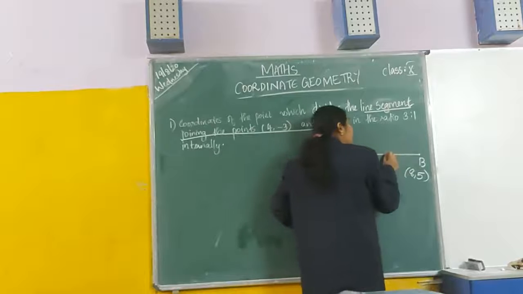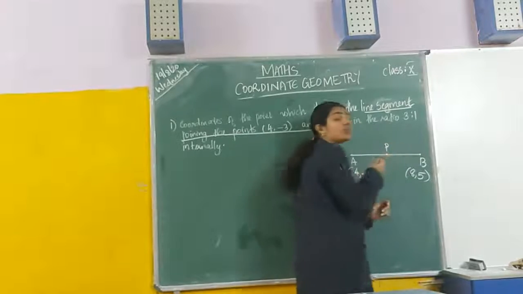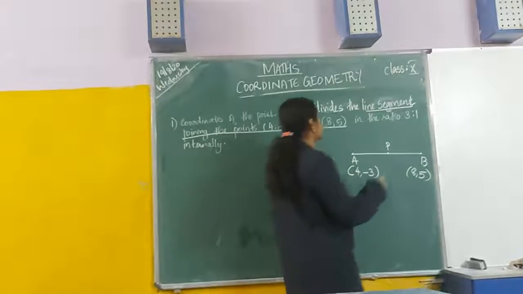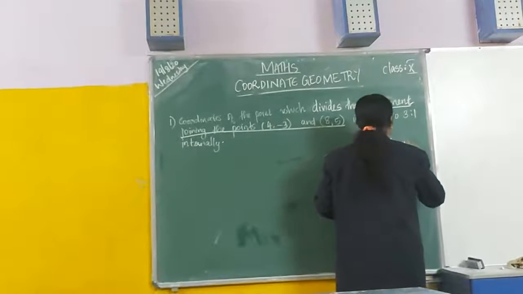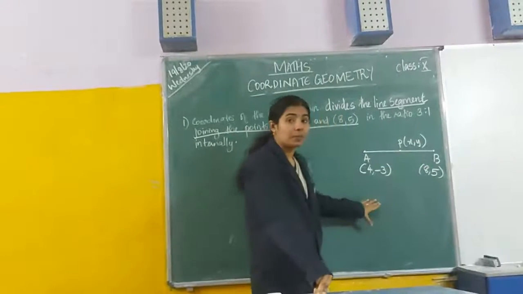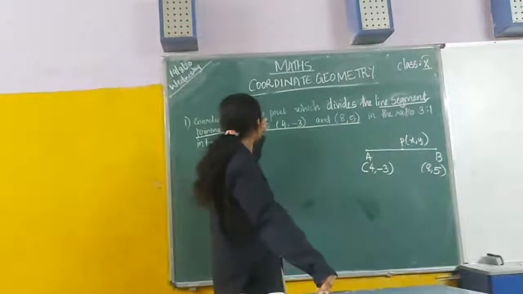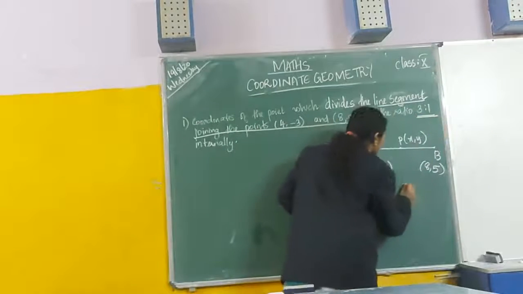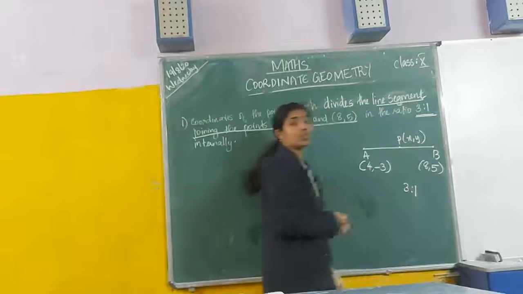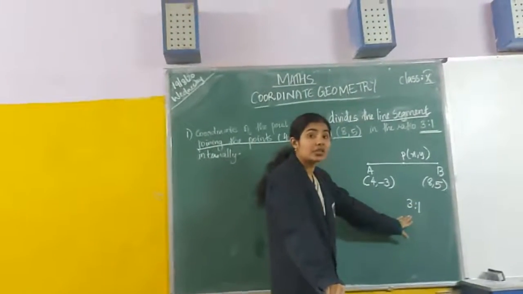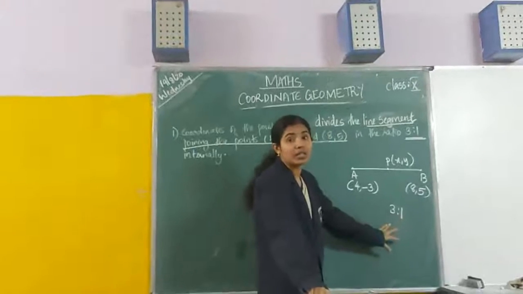We can take that point as P. They are saying that the point divides AB in the ratio 3:1.